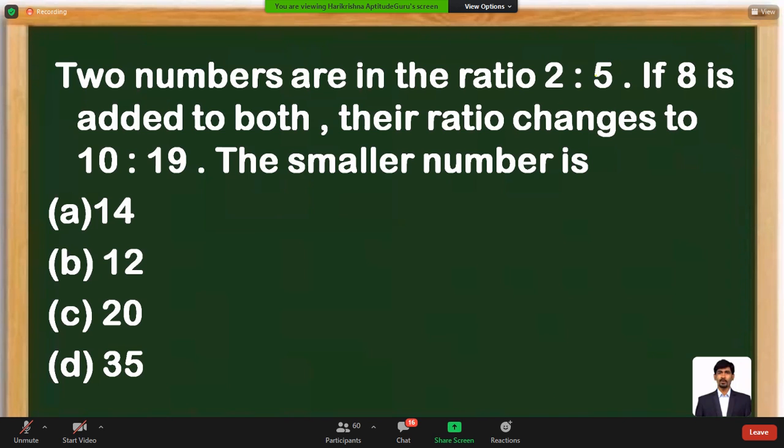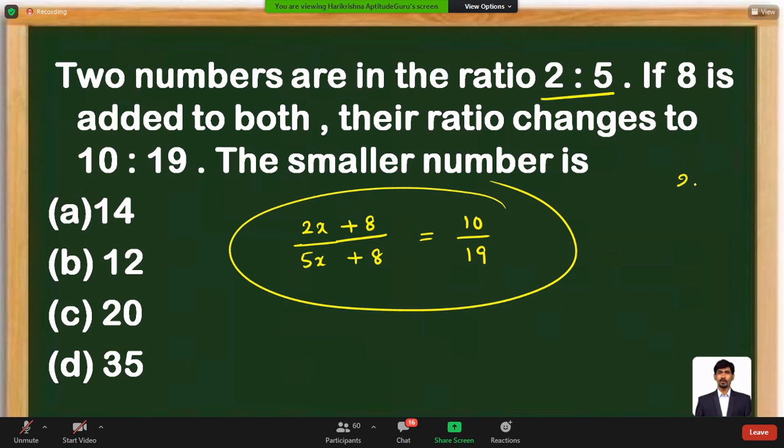Let me repeat. Two numbers are in the ratio of 2:5. So I'm taking them as 2x and 5x. 8 is added to both the numbers, 2x plus 8, 5x plus 8. Then the new ratio is 10 by 19. What is the smallest number? Out of these two, 2x is the smallest number. In order to get this, you need the x value. We can use cross multiplication and get the value of x.